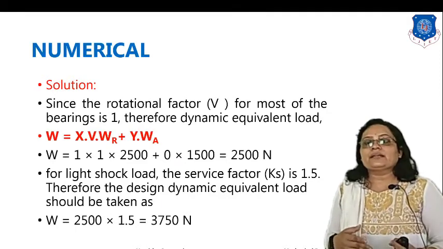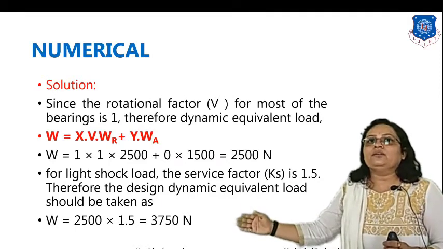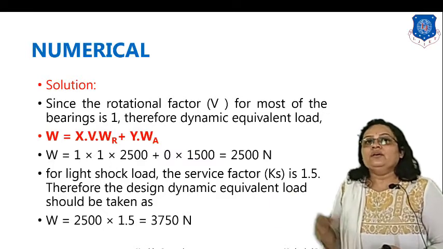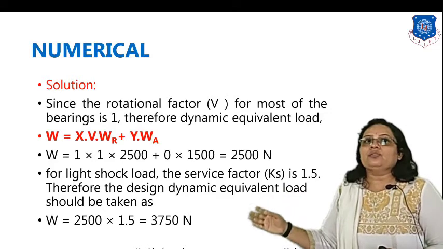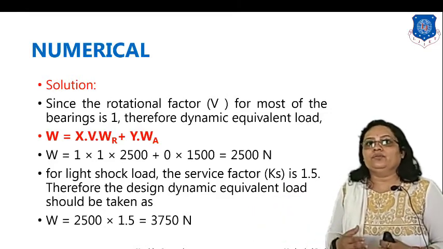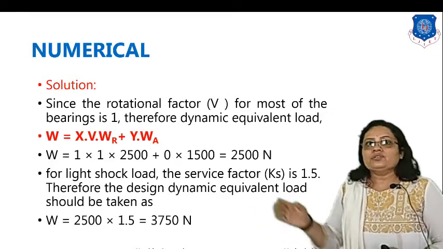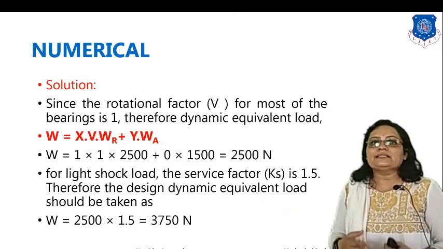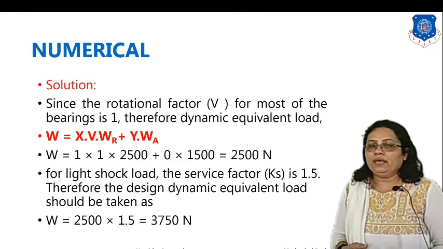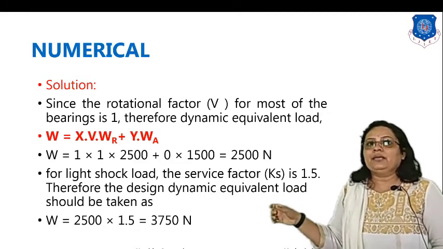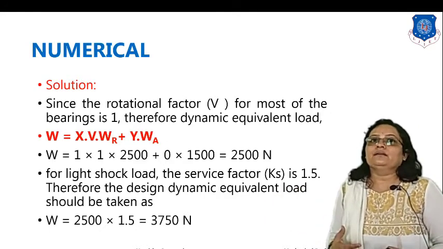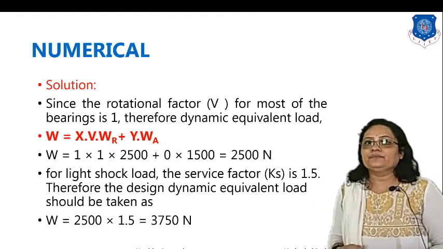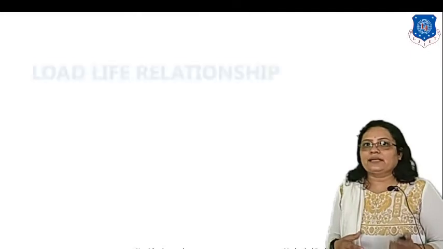When the service factor is given, the actual dynamic equivalent load is equal to the dynamic equivalent load multiplied by your service factor. Okay, so this is equal to 3750. Okay, so this is your actual dynamic load which will be applied on the bearing. Clear? So it was the second step.